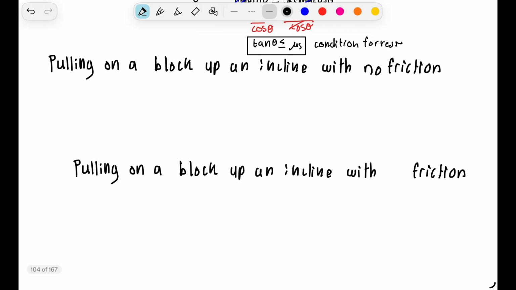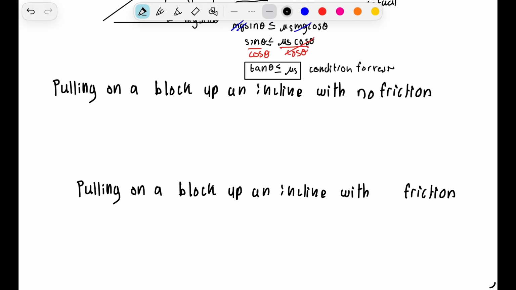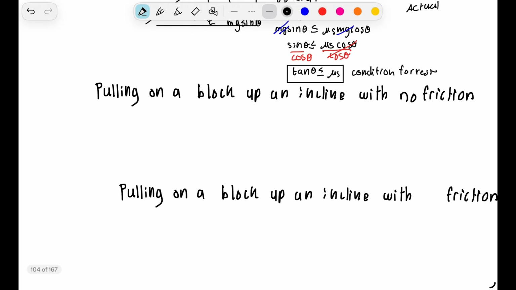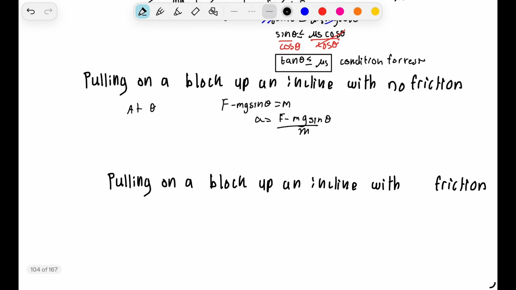Now, what if we are pulling on a block up an incline with no friction? If we're pulling up an incline at an angle theta, we have along the incline, or you could write this, canceling out that other m.